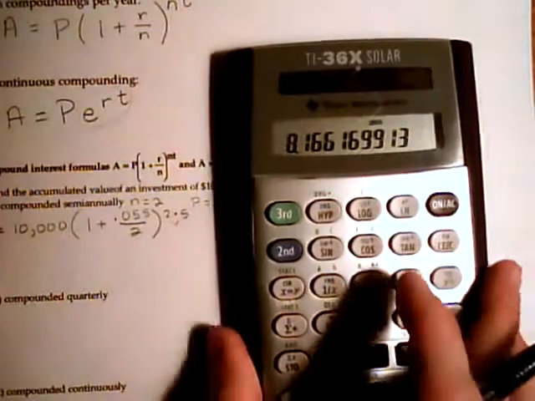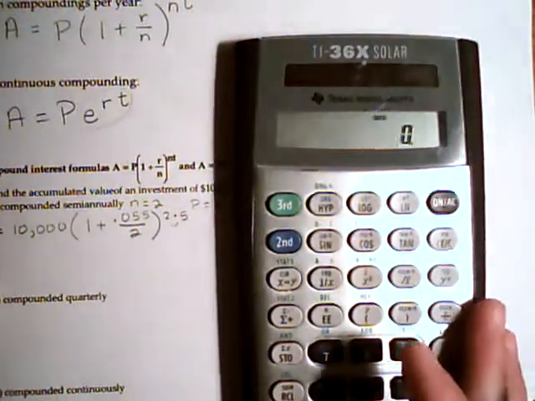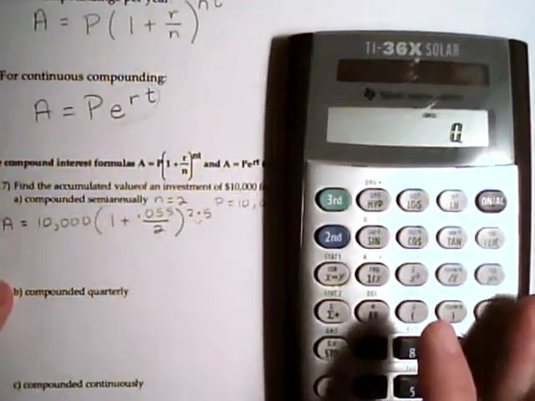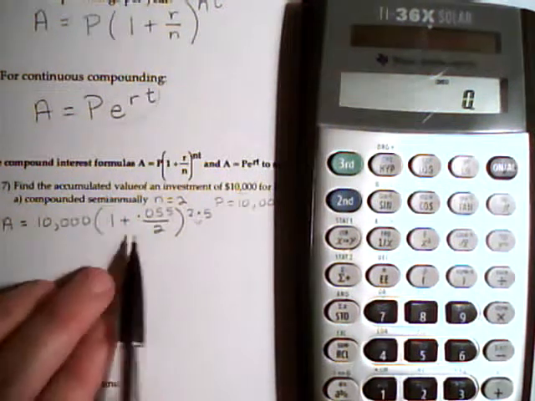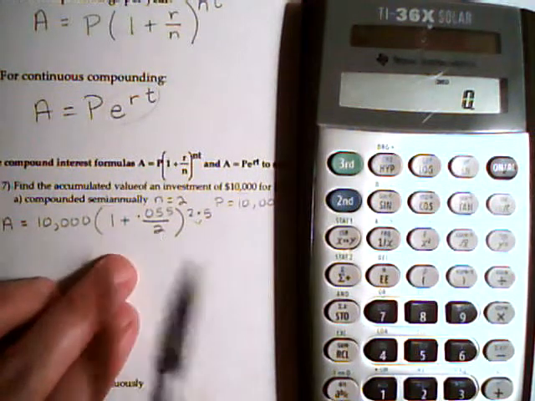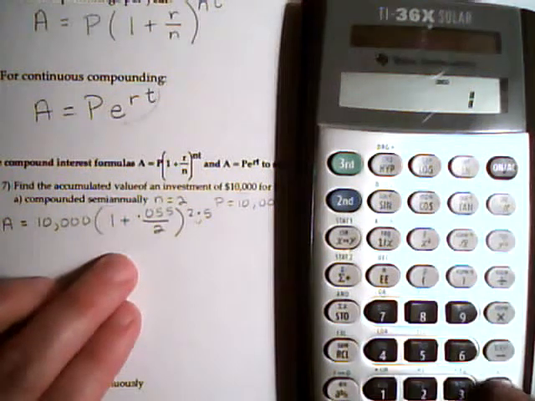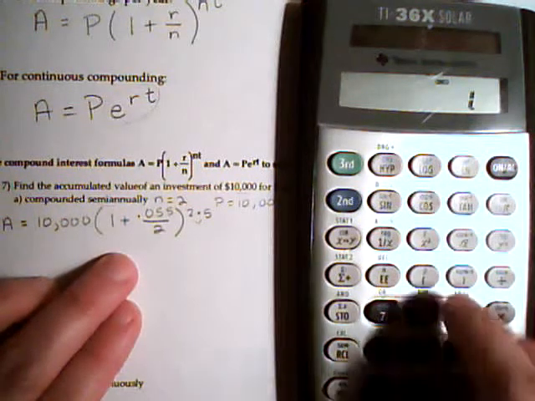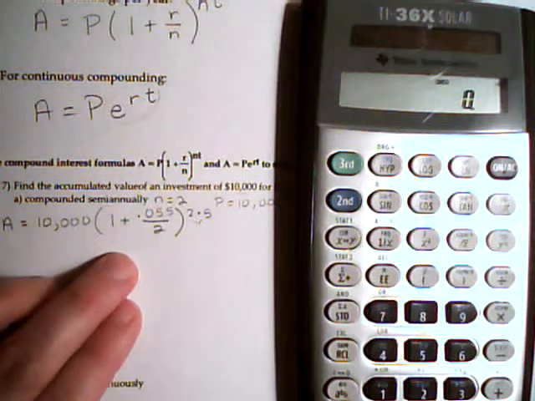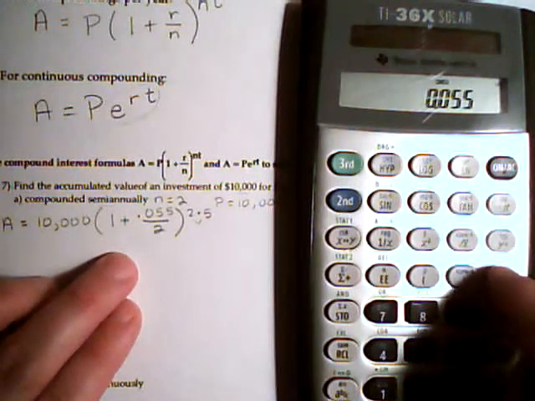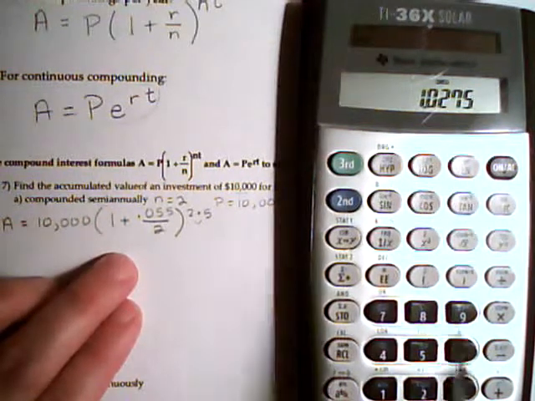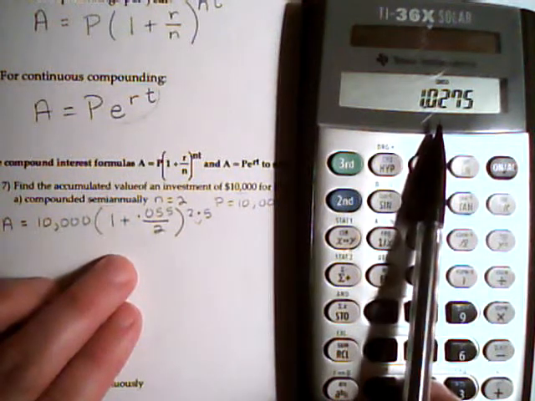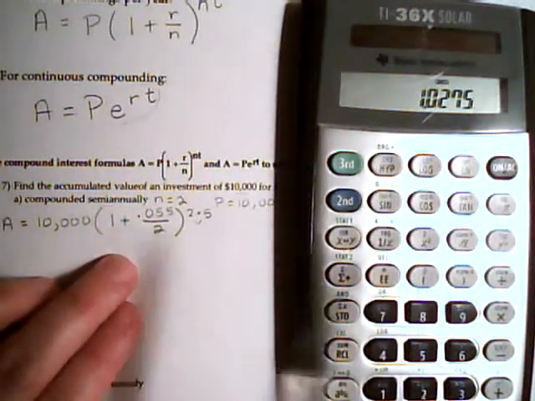Again, you'll have to look at how your calculator functions. The order may not be exactly the same. But what I would do first is what's in my parentheses. I want to know what is 1 plus, I may open parentheses, 0.055 divided by 2, close the parentheses. So I have 1.025. That's raised to the 10th power.